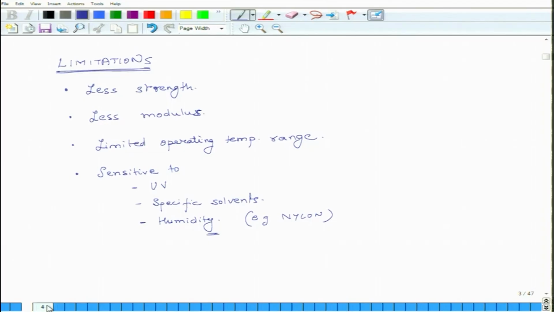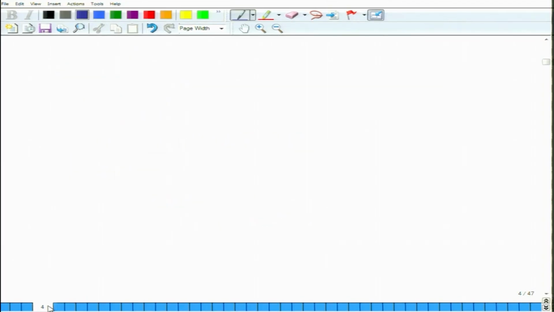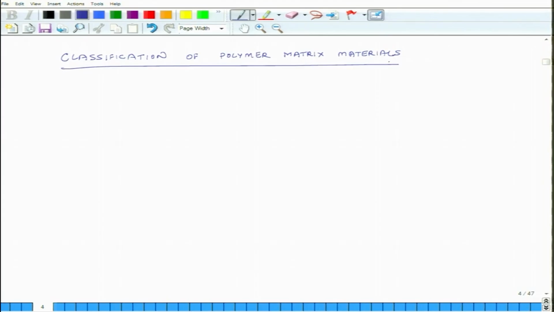Next, let us look at the classification of these materials. Okay. So, classification of polymer matrix materials.